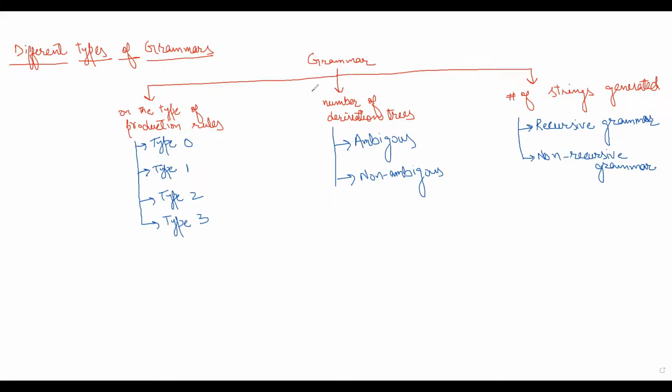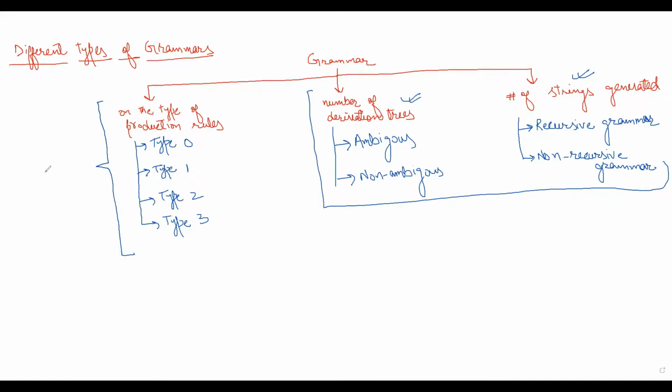Now, these 2 classifications, the classification based on number of derivation trees and the number of strings, we will discuss those types of grammars in our subsequent lectures. But in today's lecture, in this particular video, we will be discussing the classification of grammars based on the type of production rules.